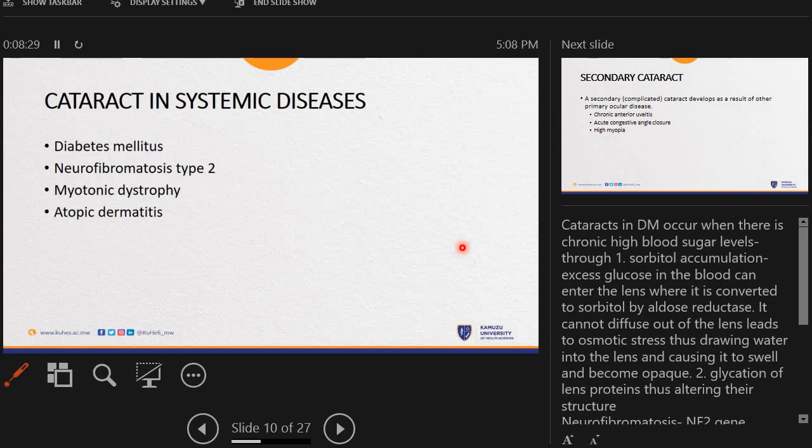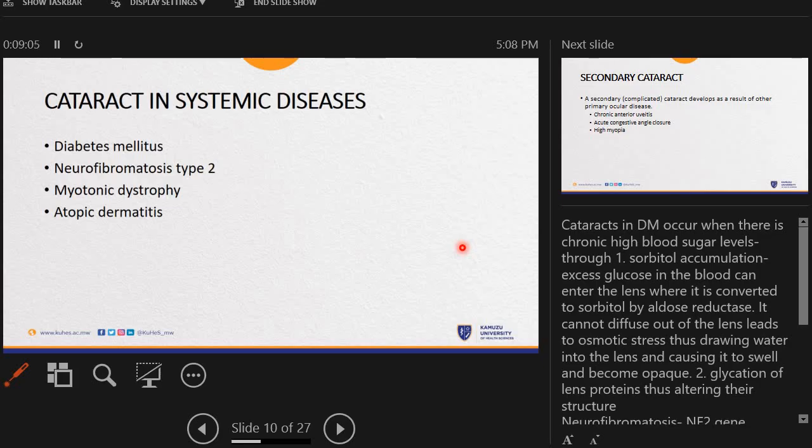Different mechanisms have been proposed as to how diabetes causes cataracts. The first one is through sorbitol accumulation. A person with chronic diabetes has excess glucose in the blood, which can enter the lens and is converted to sorbitol by an enzyme called aldose reductase.